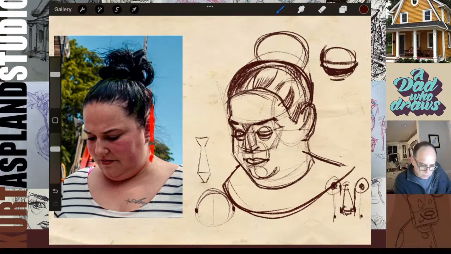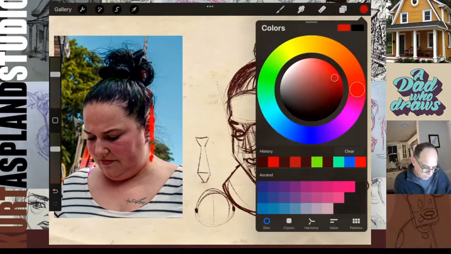And now I'm going to go into this bun and break this down just a little bit. So we have this. We have this nice negative. Do you see that? You see this negative space right there? That negative shape?